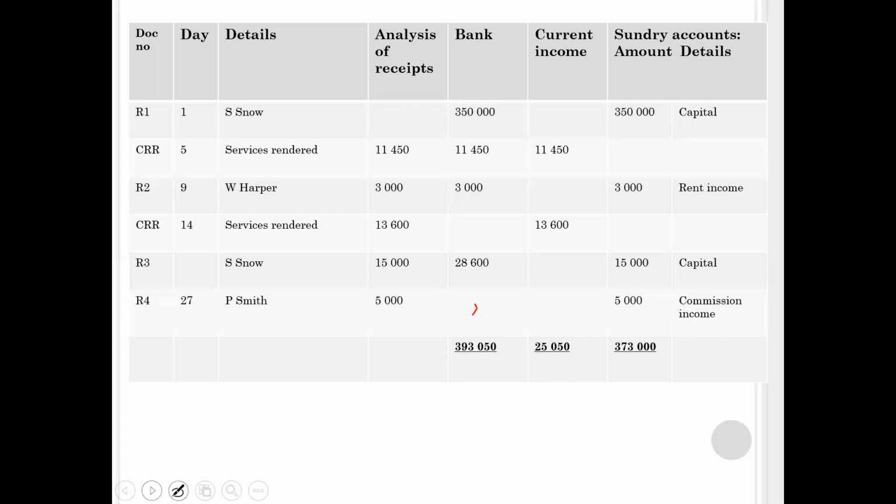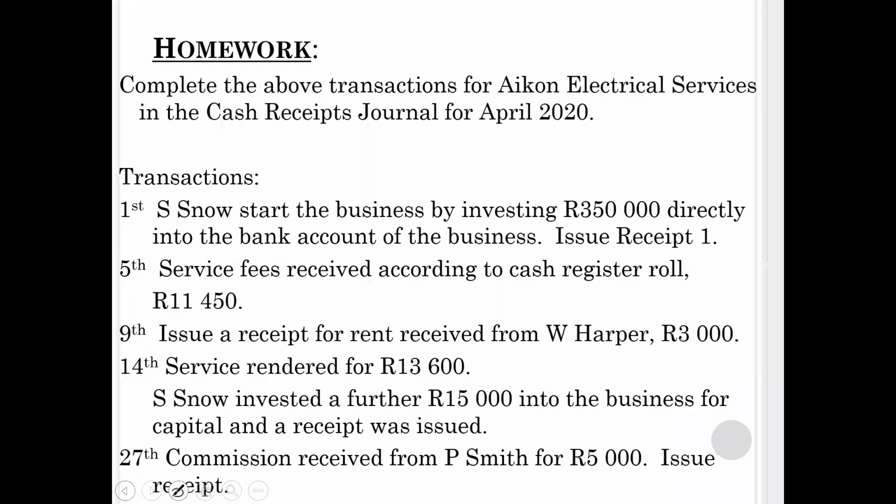Right. Lucille is asking, where do you get the document numbers? Okay. Normally, like with the receipt, with the first transaction, they will give you the first receipt number. So they will tell you it's receipt number 1. I just want to go back. So there you can see, on the first, they've told you receipt number 1 there. And then with the next receipt, you must continue with the next number.